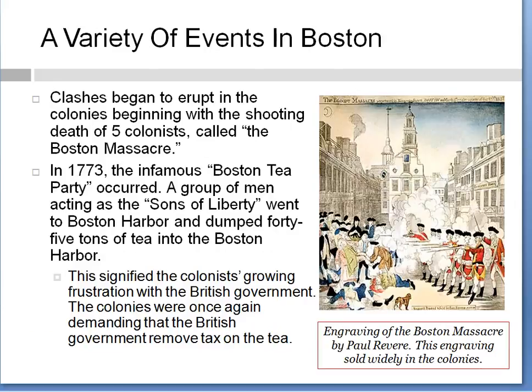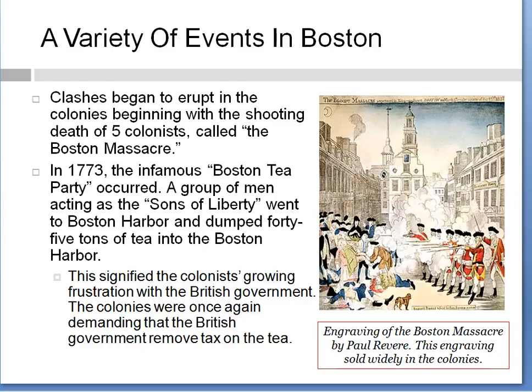Now, a variety of events occurred in Boston, and some of them you have probably heard about. Clashes began to erupt in the colonies, beginning with the shooting death of 5 colonists called the Boston Massacre. In 1773, the infamous Boston Tea Party occurred, a group of men acting as the Sons of Liberty went to Boston Harbor and dumped 45 tons of tea into the harbor.